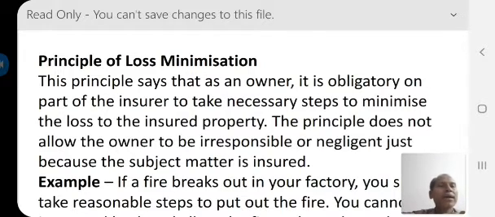He must try. If he doesn't try, what happens? He has some intention to cause loss to the insurer. So always the insured or the owner of the insured property or subject matter must take the necessary action to minimize the loss.